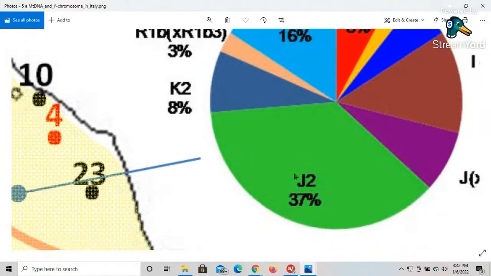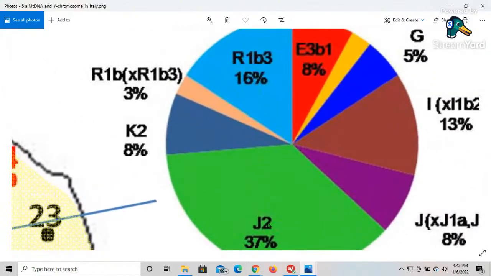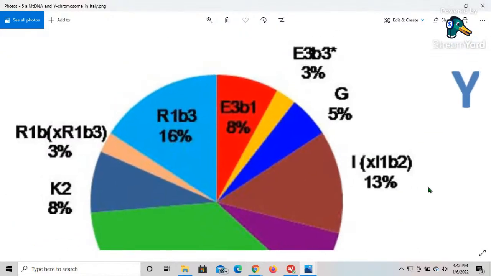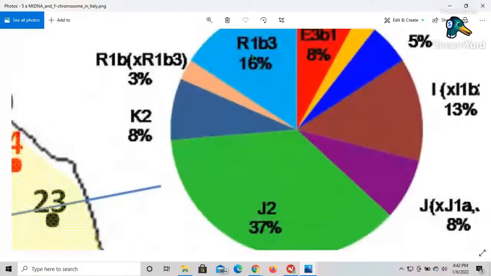This J2 is Davidic, that's an outsider, or Judaic, that's an outsider. J1, J2, outsider. I, which is Israel, outsider. G, which is Assyrian, outsider. E, of course, is Hamitic, outsider. R is Gomer, outsider. The only one left is K, which is Tubal.